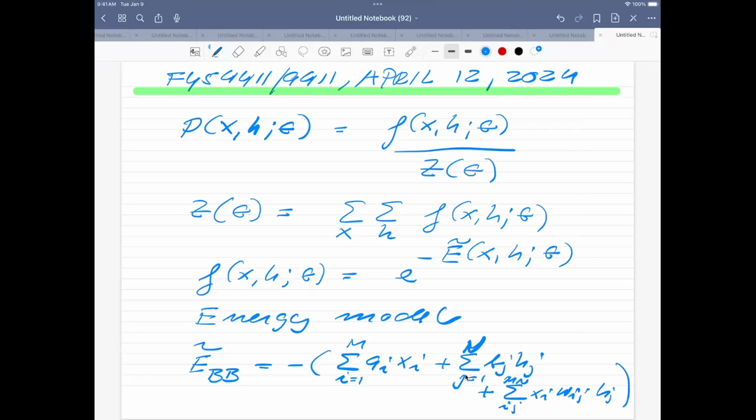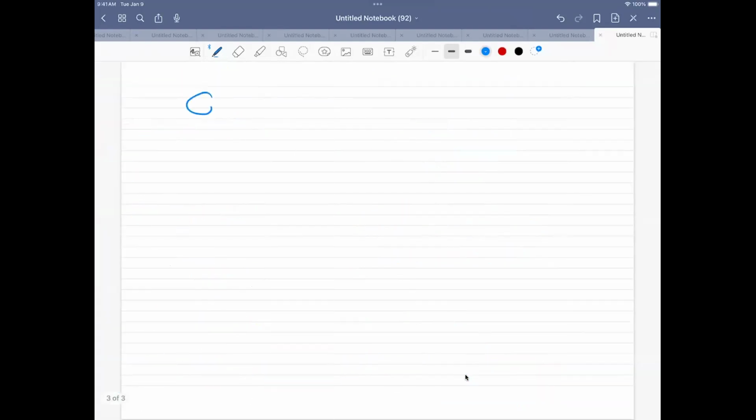So if you now look at these variables which we have introduced, these a's, b's, and wij's, these are the parameters theta. So what we have is a container theta, which now contains a vector A, a vector B, and a matrix W. A would typically have a dimensionality m.